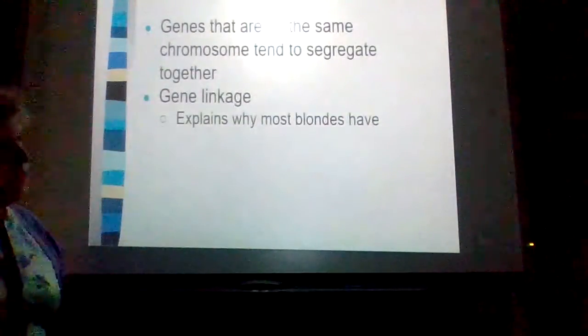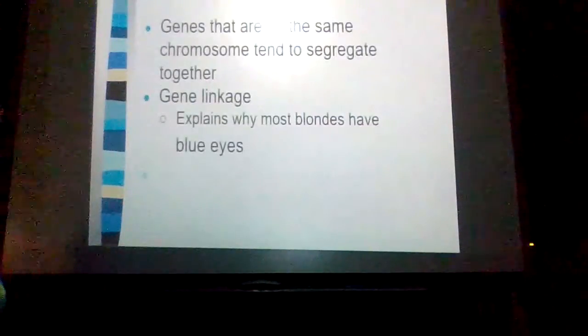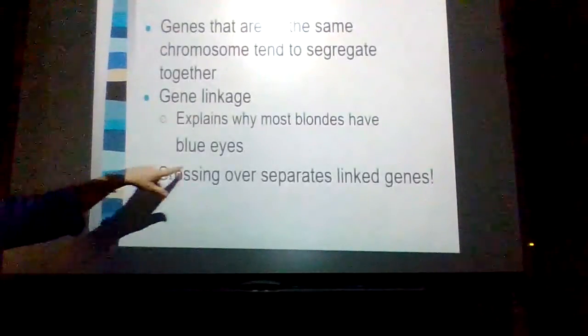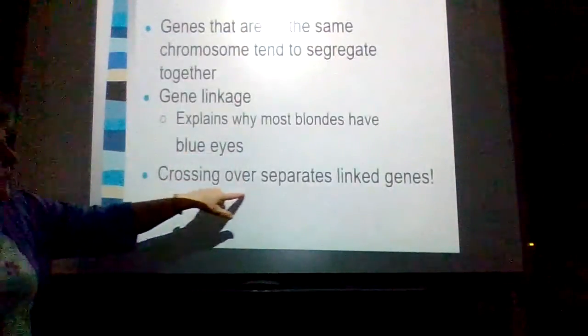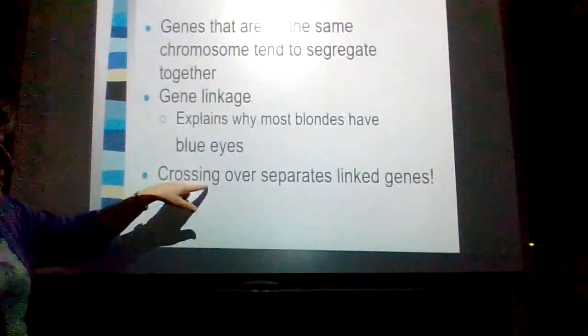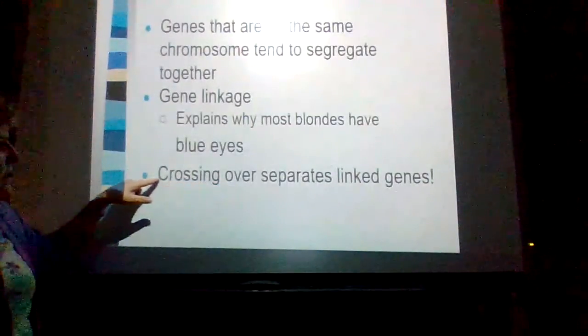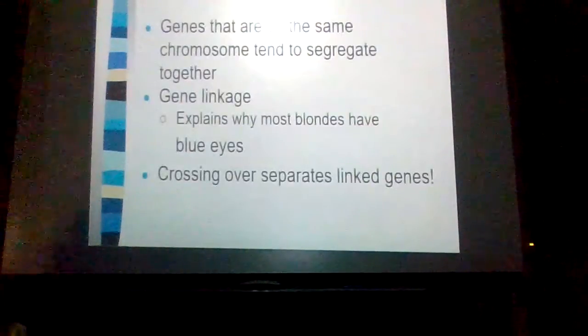Again, that's just gene linkage. And again, the only thing that's going to separate this is that crossing over. And it's amazing the diversity we get because of crossing over. This is not something that just happens occasionally. This happens almost every time your homologous chromosomes come together.